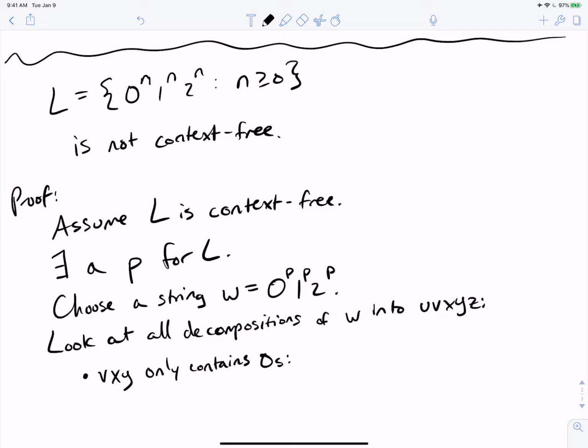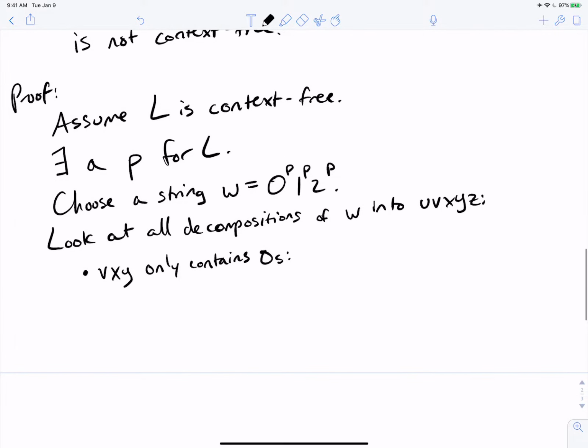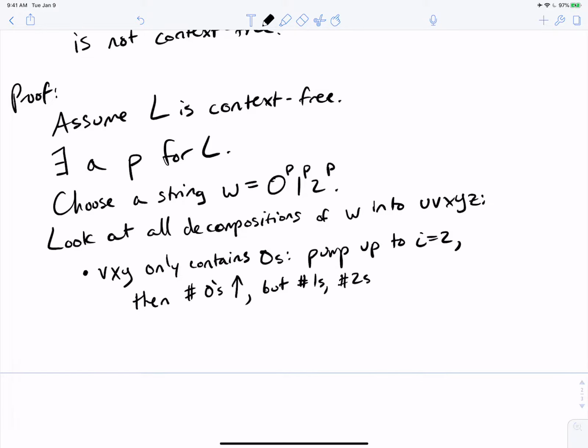They stayed the same. So if we pump up the jam to i equals 2, that was a joke by the way, then the number of zeros goes up, but the number of ones and twos is unchanged.